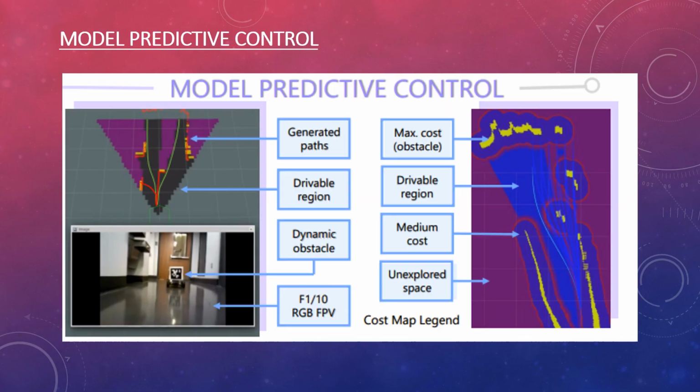Okay, this one is for model predictive control. After we get the collected data and make the localization and mapping, this will be a prediction for the robot mapping.